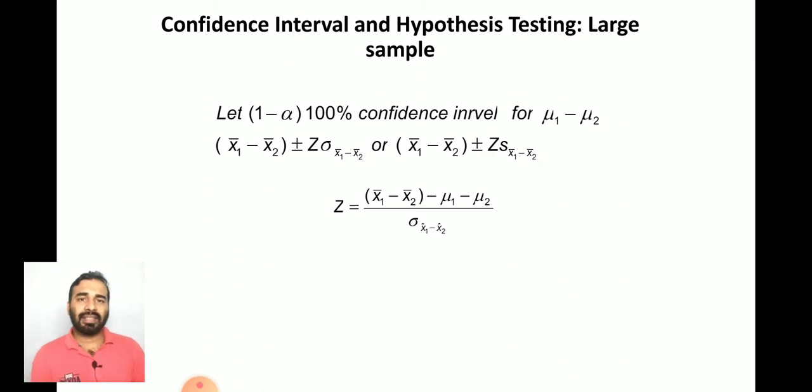Then what will be the z value? The z value is nothing but x bar minus mu divided by the standard deviation. But here we are not taking the mean, we are taking the mean difference.